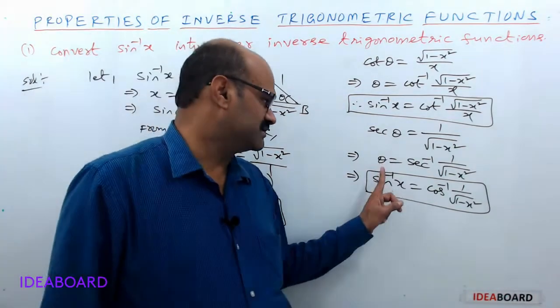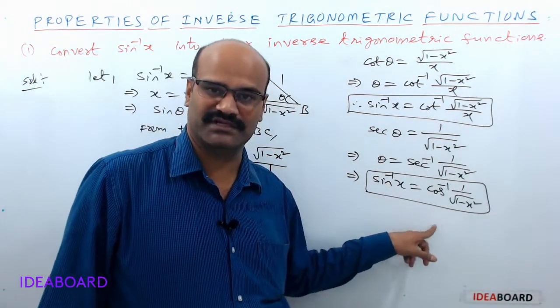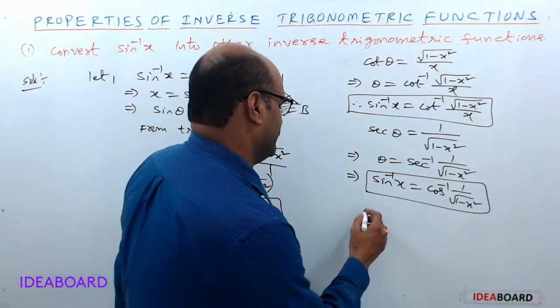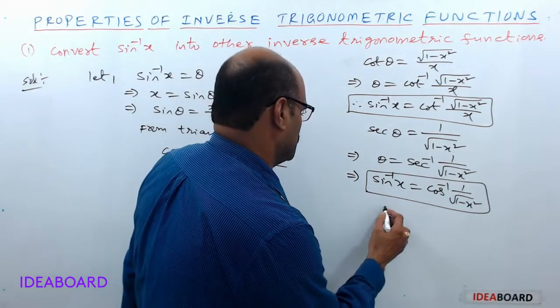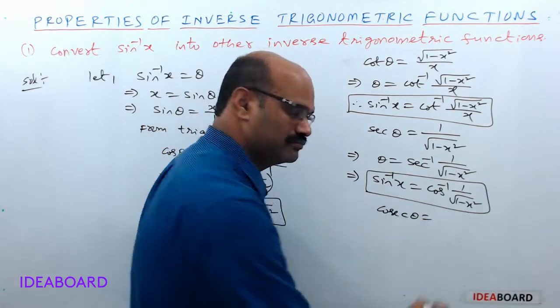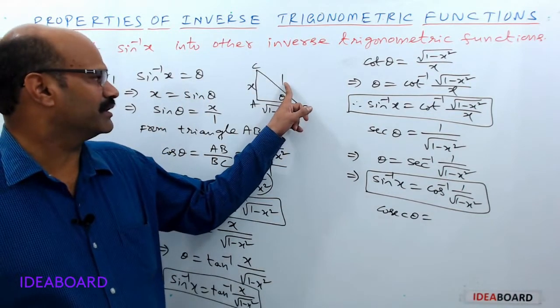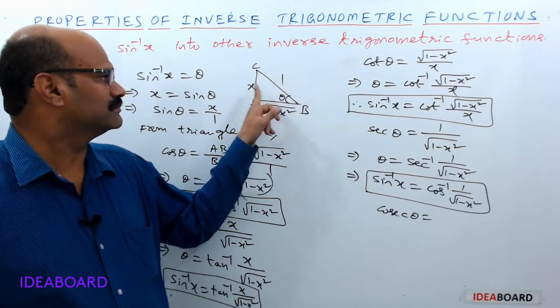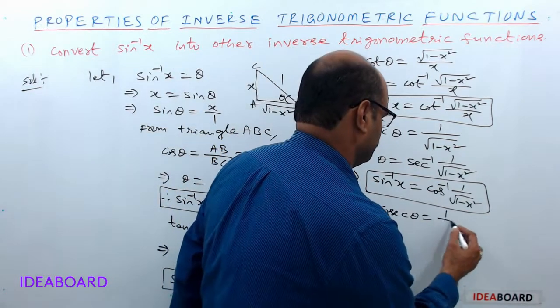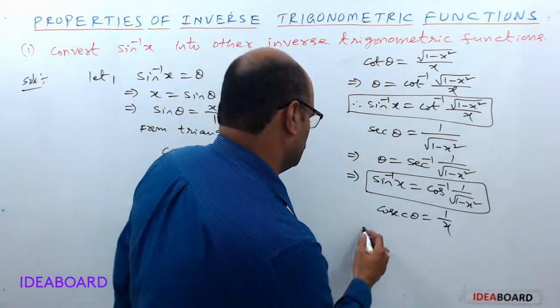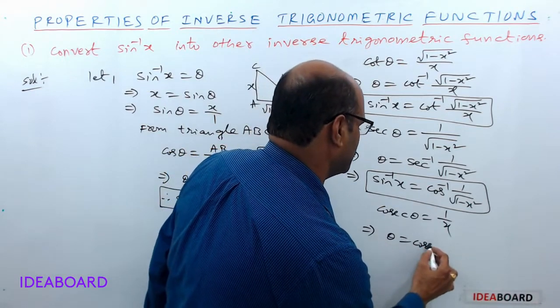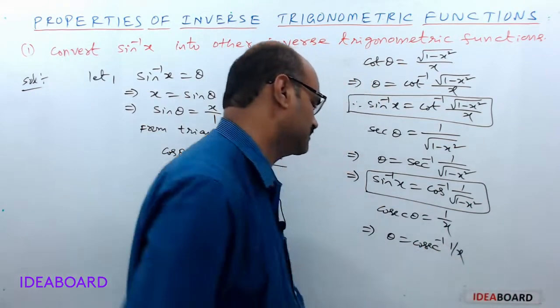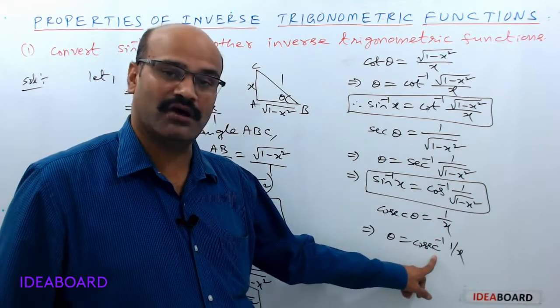Now write sin inverse x in terms of cosecant inverse. So cosecant theta equal to hypotenuse by opposite side, so 1 by x. It implies theta equal to cosecant inverse of 1 by x.